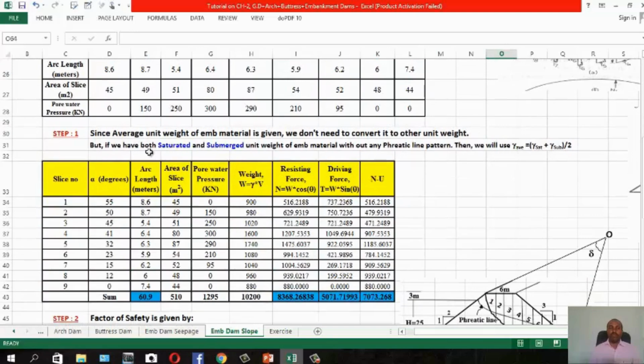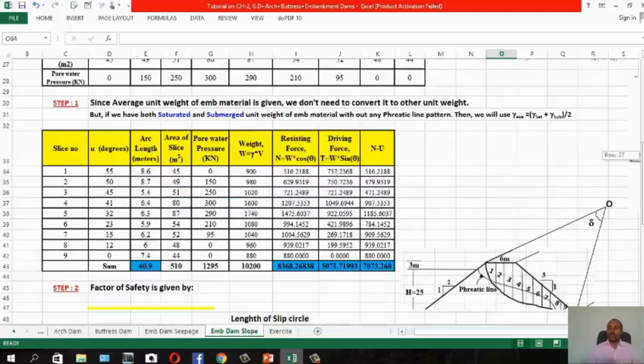Step 1, since average unit weight of embankment material is given, we don't need to convert it to other unit weights: saturated, submerged, bulk unit weight, moist unit weight, etc. You don't need to convert because it is already given; submerged or saturated is not given. So this is average unit weight, whether above the phreatic line or below. For each slice, simply you will use this average unit weight.